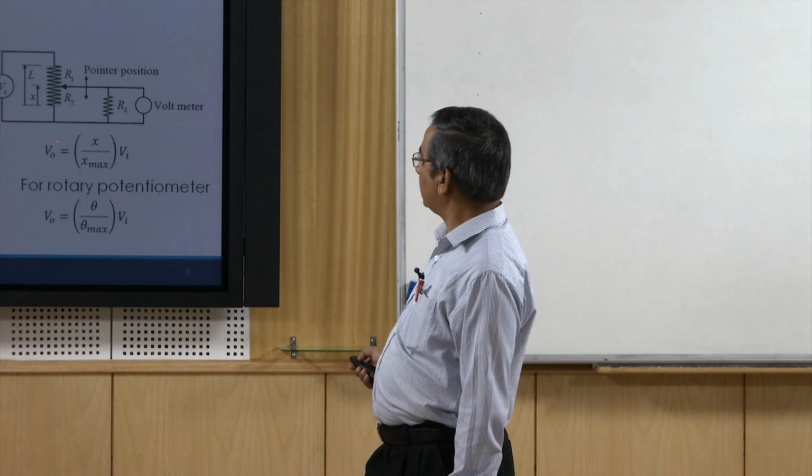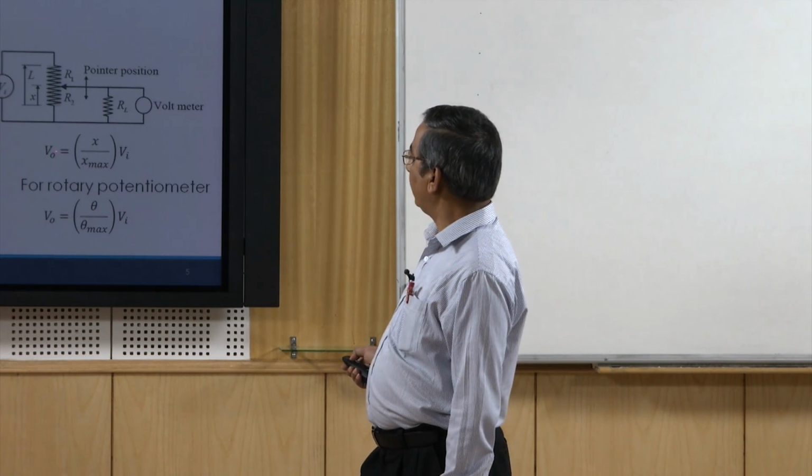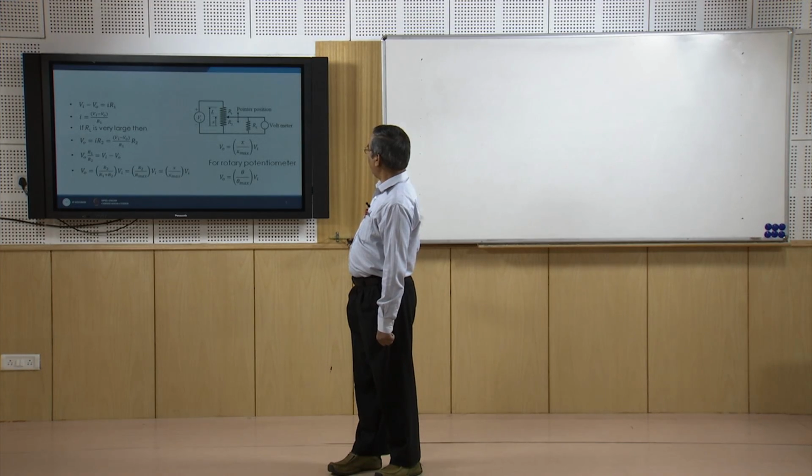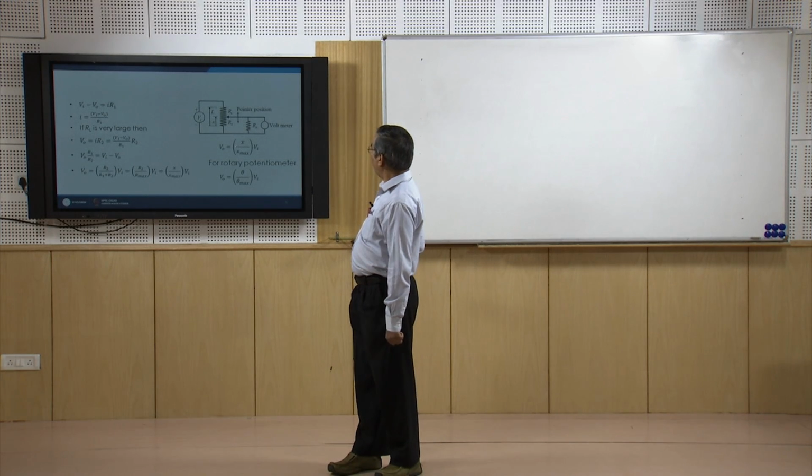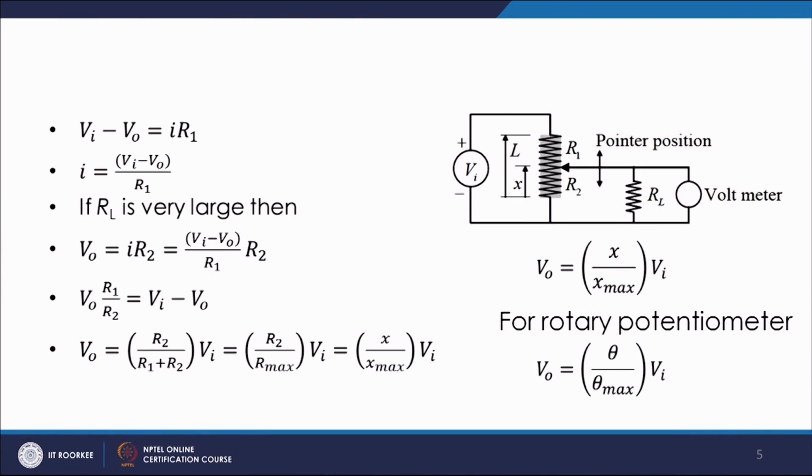So this is my output voltage, and depending on the value of x, I will be getting the output voltage. And this is how the potentiometer works.